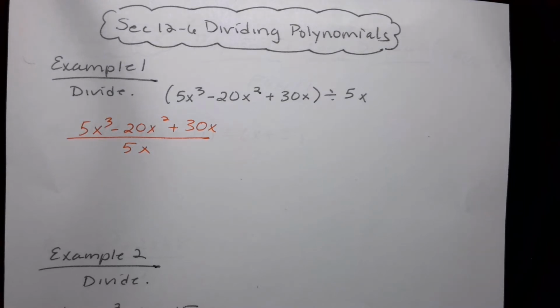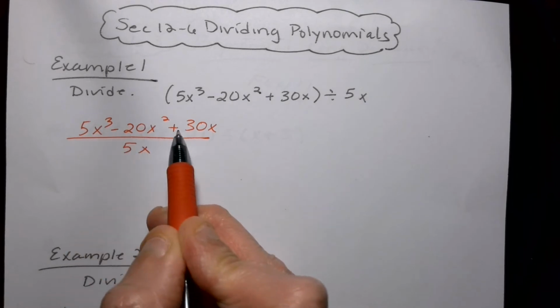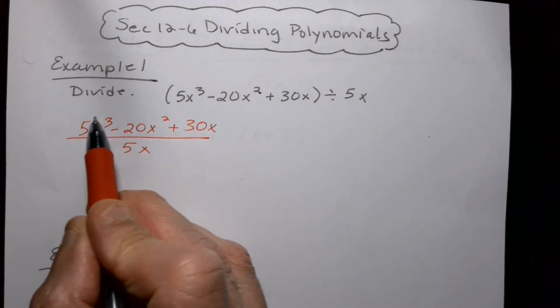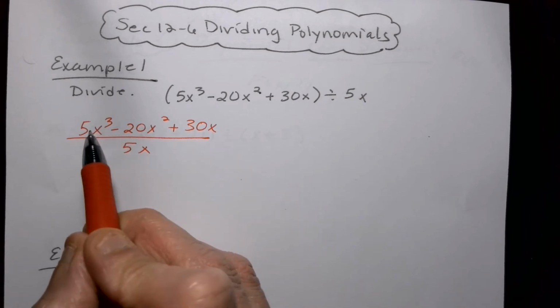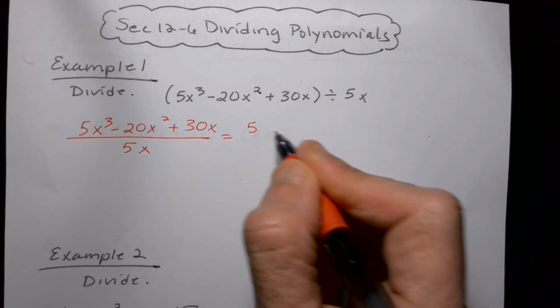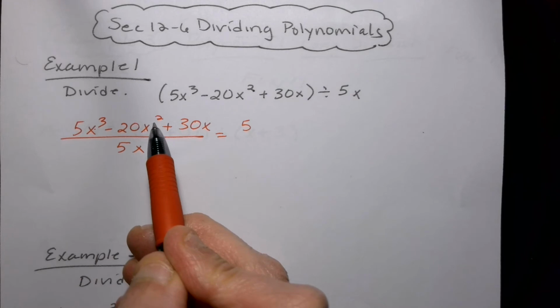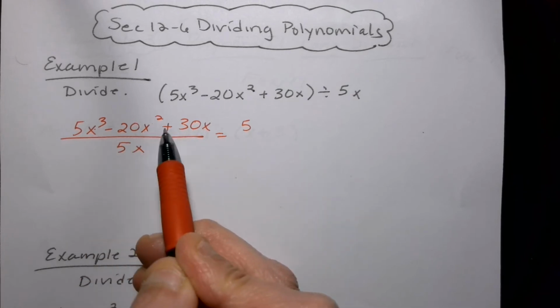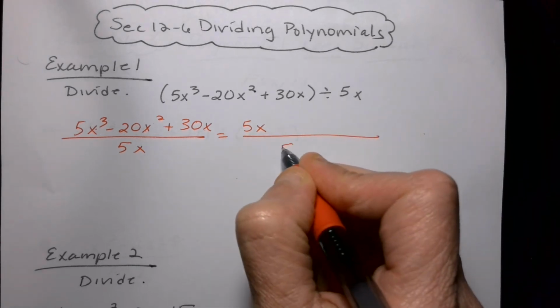And now what's the first thing we do? Well, we can't cross off because we have subtraction and adding, remember, but we can look for a greatest common factor. And sure enough, you look at the numbers, 5, 20, and 30, what can you take out? For sure, a 5. And then we got an x to the third, x to the second, and an x. So they all have at least what? 1x. So this is going to work nicely, isn't it?